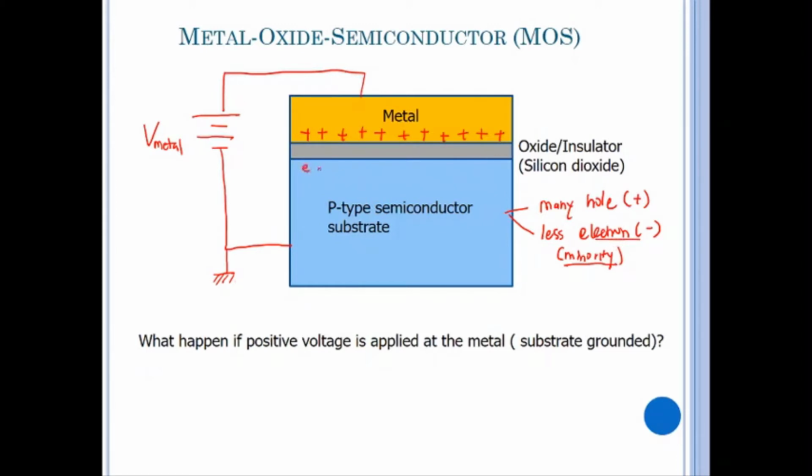So we can expect a formation of electrons: electrons will accumulate at the interface of the oxide and the silicon semiconductor substrate. This is what can be expected if we apply a positive voltage at the metal.